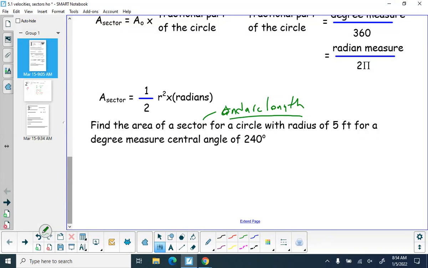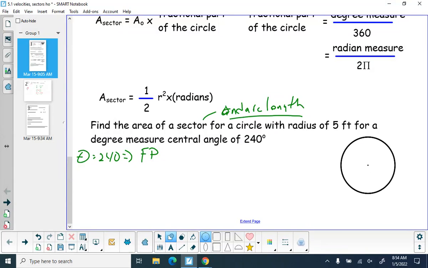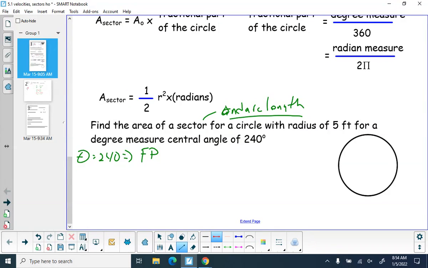Well, our theta is 240 degrees. What is the fractional part of that? I've got a circle, I've rotated 240 degrees.